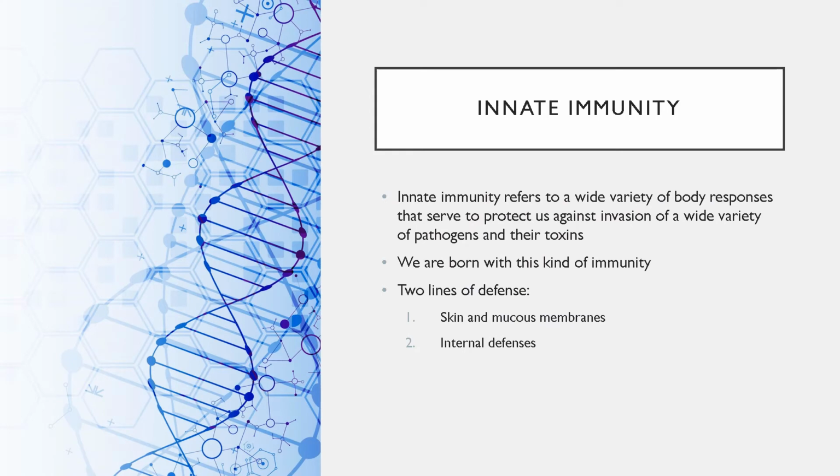So let's first discuss the innate immunity. This non-specific immunity includes the external physical as well as chemical barriers provided by the skin and mucous membranes. It also includes various internal defenses, such as antimicrobial substances, natural killer cells, phagocytes, inflammation, and fever. So these are going to be our internal defenses.